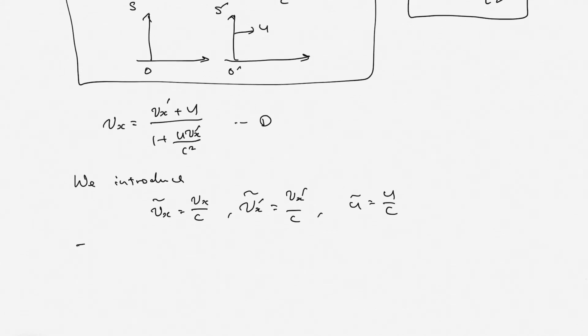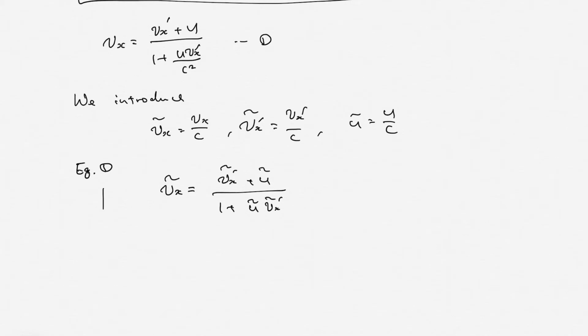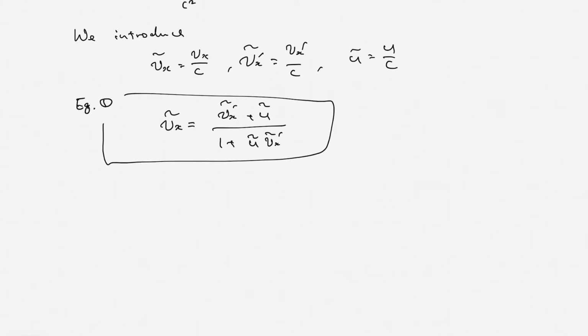Then equation 1 becomes v sub x tilde equals v sub x prime tilde plus u tilde over 1 plus u tilde v sub x prime tilde. So this is a much easier calculation to use for these questions.